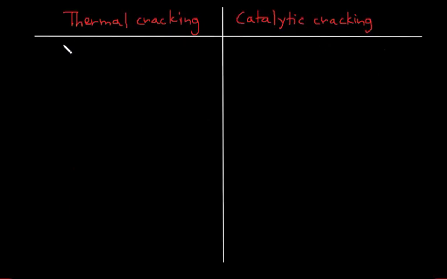Now let's look at the two types of cracking, thermal and catalytic. The differences between thermal and catalytic cracking are in the conditions that are used. So in thermal cracking, we use a temperature of around 700 to up to 1000 degrees Celsius. Whereas in catalytic cracking, the temperature is much lower, around 500 degrees Celsius.